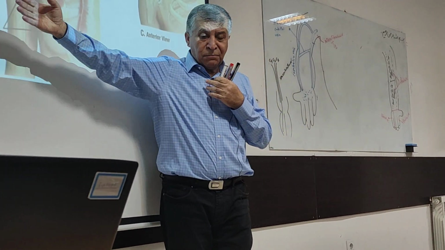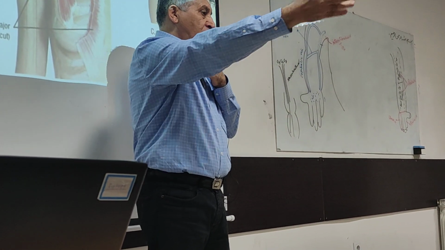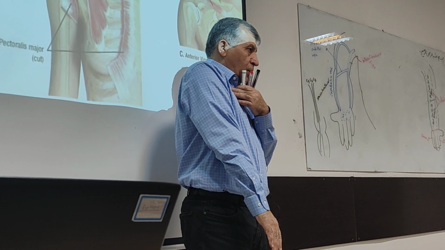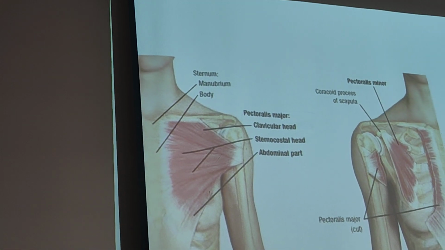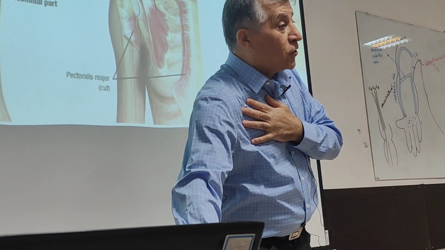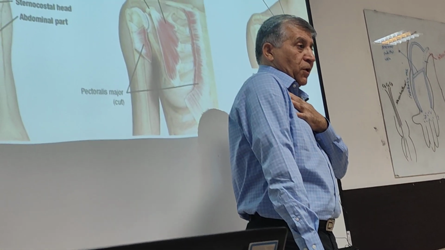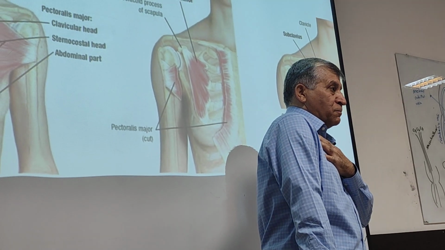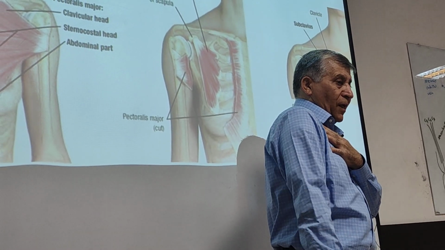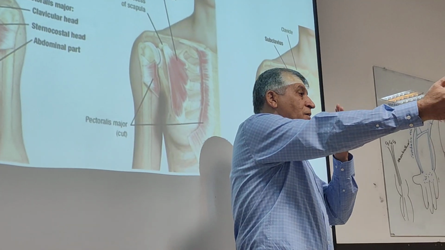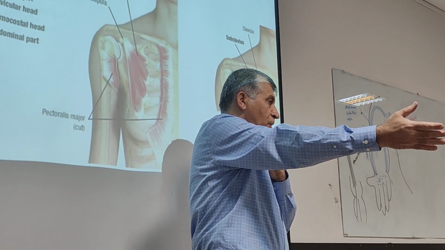The function of the pectoralis major is flexion, adduction, and medial rotation. Touch your pectoralis major: in medial rotation the muscle is contracted, in adduction it bulges, in flexion it bulges.